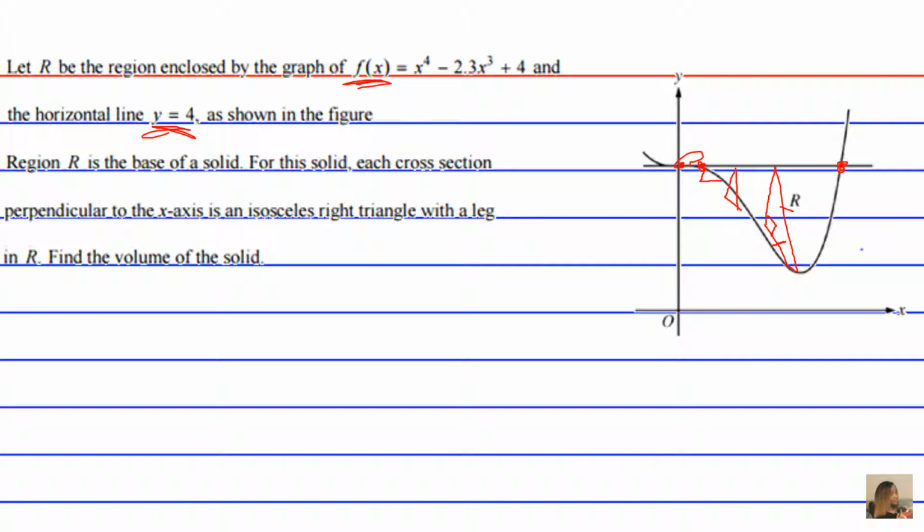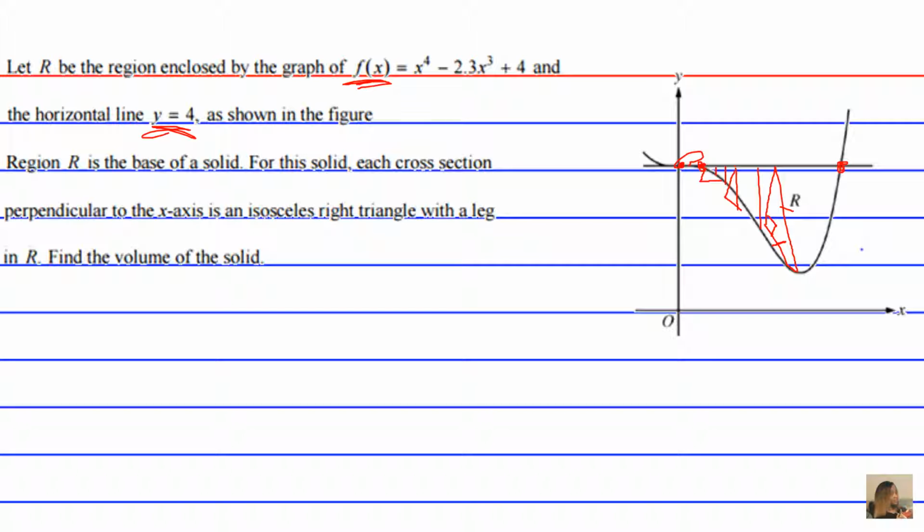So you integrate 1/2 times the base times the height. But we already said that the base and the height are equivalent to each other. And so let's figure out the height. The height of this triangle, we can consider the change in the length from y equals 4 to f of x.